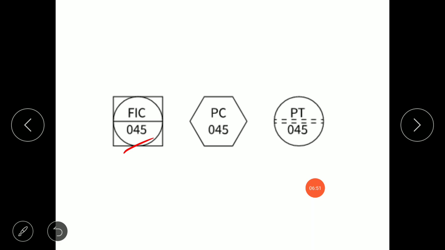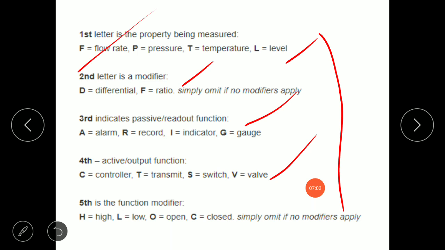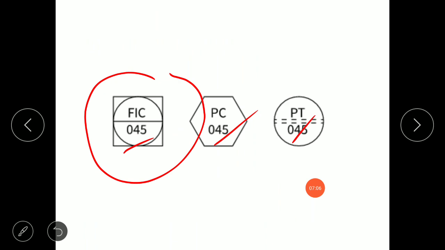For example, FIC 045 means that it is the flow indicating controller in the control loop 045. This is also known as the tag identifier of the field device, which is normally given to the location and function of the instrument.